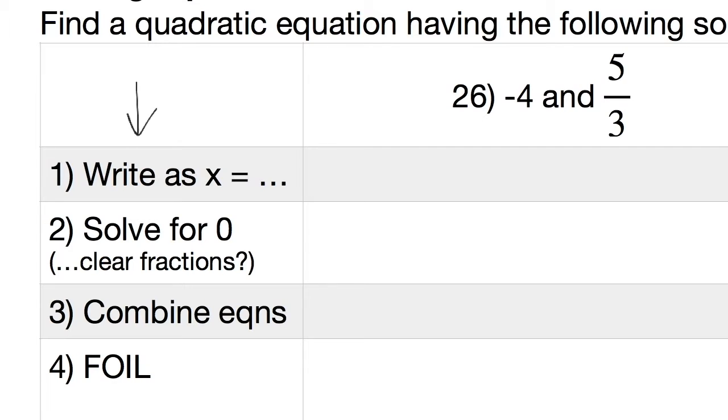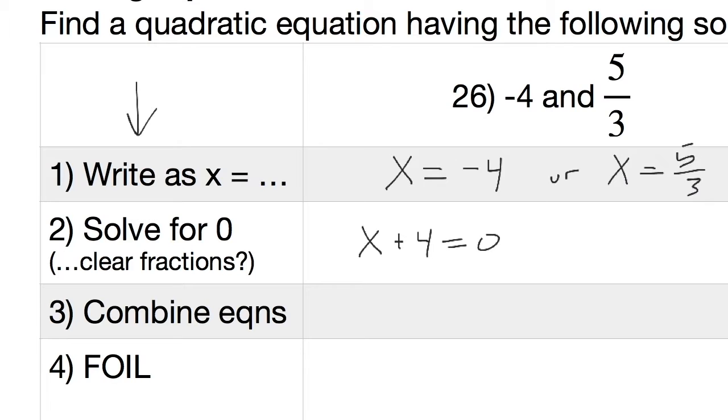First step would be to write as x could equal negative 4 or x could equal 5 over 3. We're going to solve for 0. Normally, we would add 4 to both sides, so you get x plus 4 is equal to 0, or x minus 5 over 3 could equal 0.